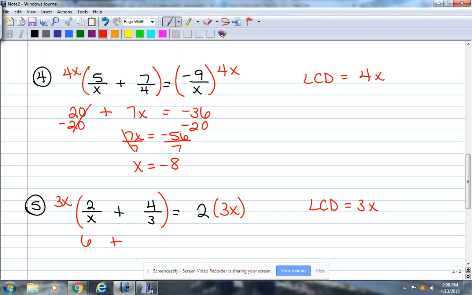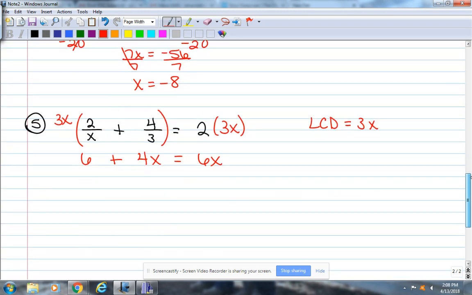Now this denominator has the 3, so it needs the x. So what's x times 4? 4x. And that last one didn't have any denominators, did it? So it needs both of them. So what's 2 times 3x? 6x. Does that make sense to everybody? Does everybody see how I got rid of all denominators that way?